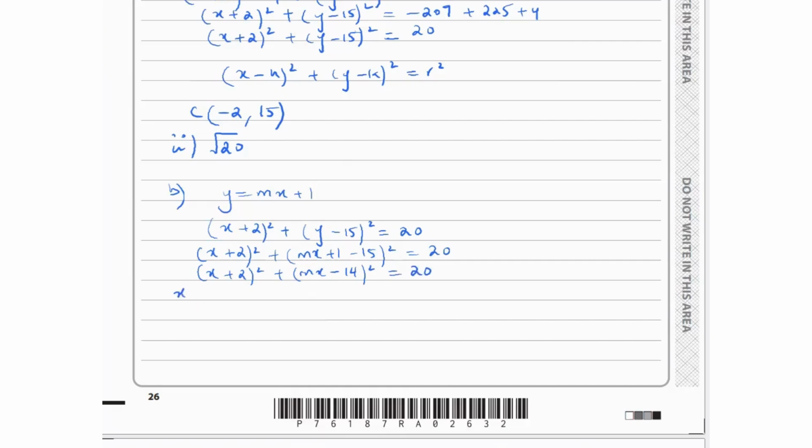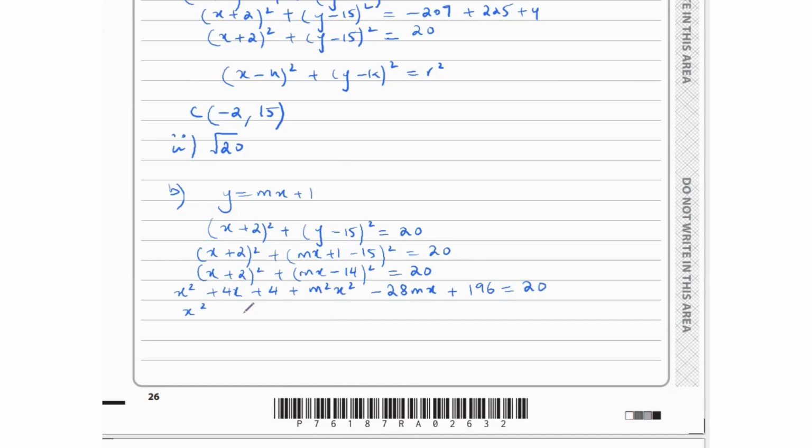Expand the brackets. x squared plus 4x plus 4 plus m squared x squared minus 28mx plus 196 equals 20.